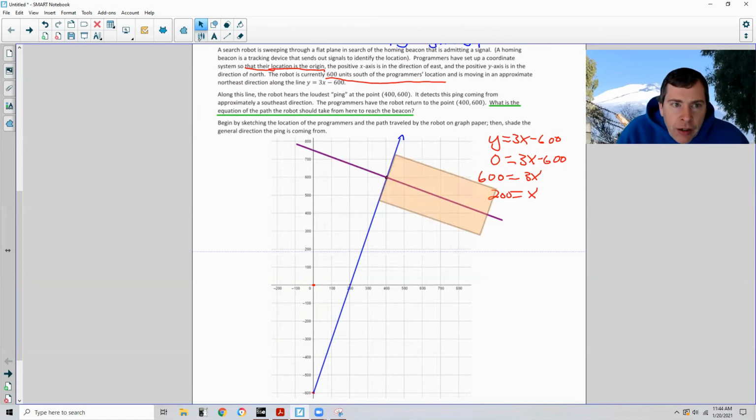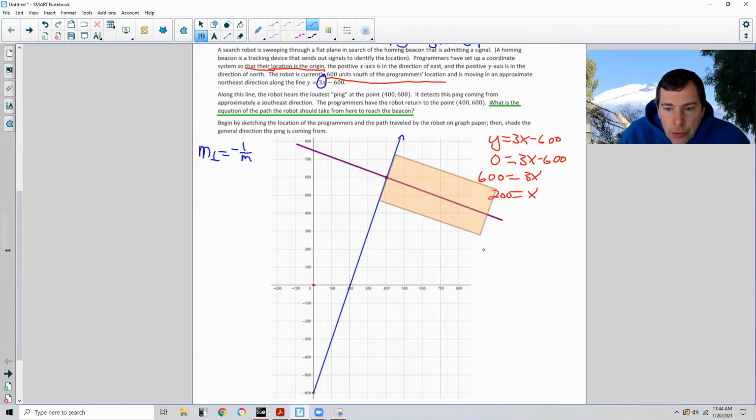So if we are at the point 400, 600, and the slope of this blue line was 3, then a perpendicular line has a slope that is the negative reciprocal of the slope. So if the slope was 3, then a perpendicular slope would be flipped, negative 1/3.